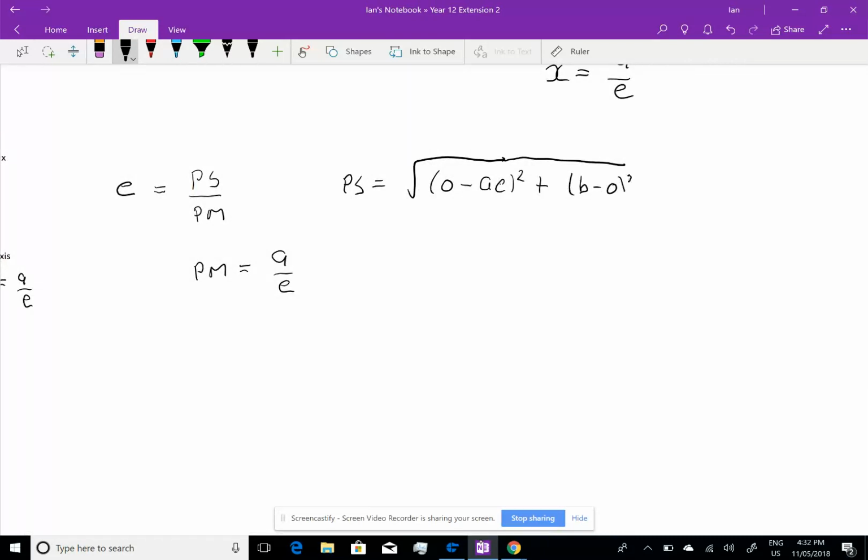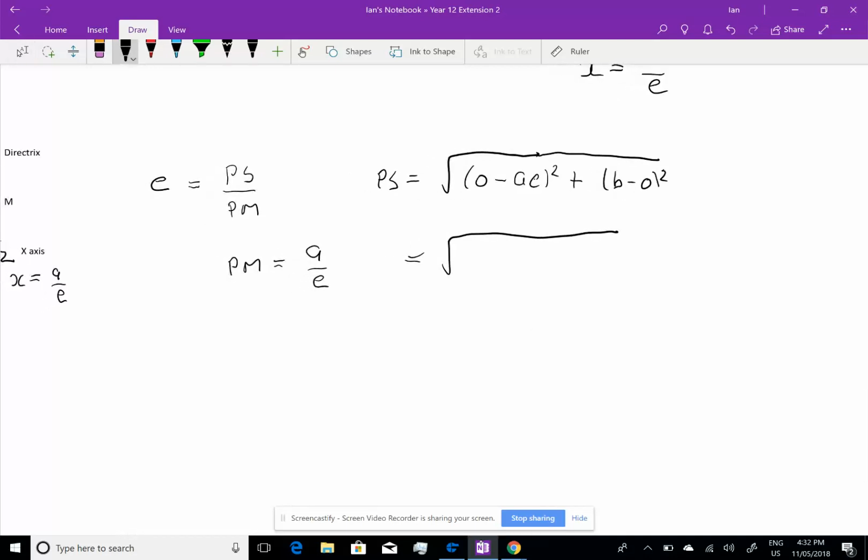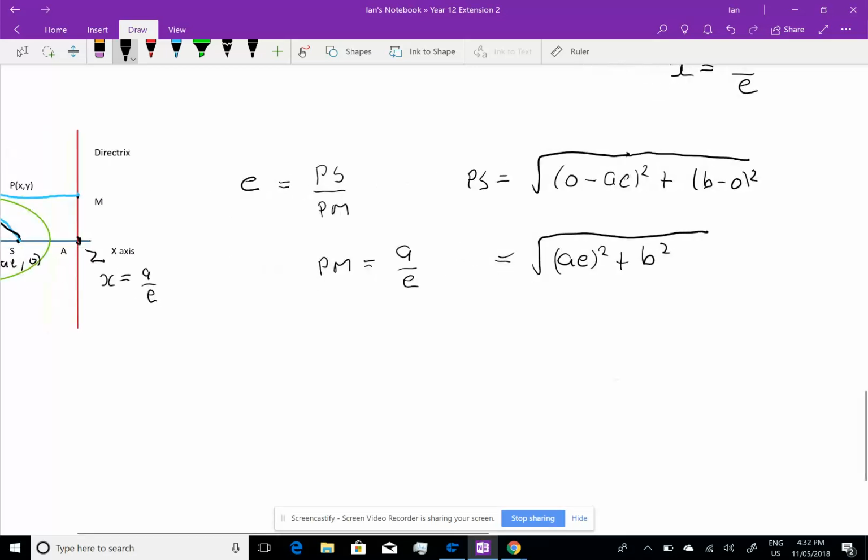That's going to give me the square root of AE squared plus B squared as PS.